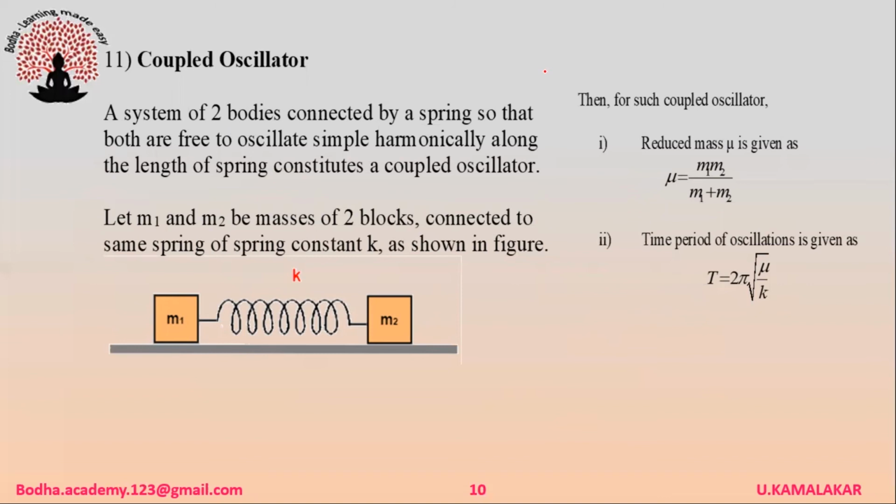When the system is compressed or elongated and released, the system will execute simple harmonic motion. For such a coupled oscillator, the reduced mass mu is given as mu equals M1 M2 divided by (M1 plus M2), and the time period of oscillations is given as T equals 2 pi into under root mu by K, where mu is the reduced mass.